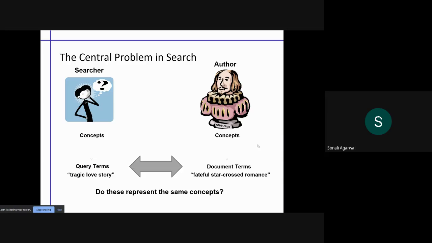So accordingly, they use different query terms. And even in the repositories, since document availability is very high, the document terms are also full of variety. So we need to match these two things, and this domain is very wide. The overall objective is how to make this matching as accurate as possible with minimum delay or latency, so that the particular problem can get solved.